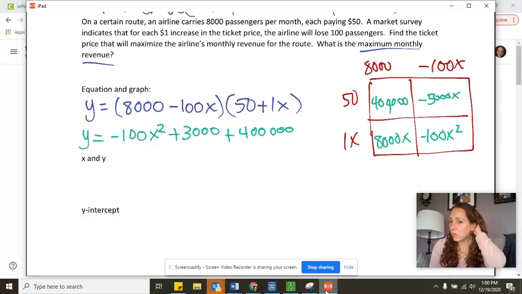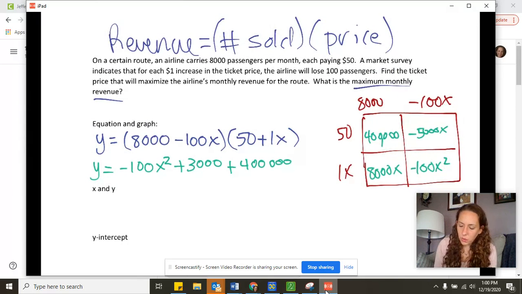We have to know what x and y is. So let's look at how we made the equation, right? We figured out y because we're looking at revenue. So in this case, y is going to be our revenue, okay? And that pretty much stands for any of these types of situations.